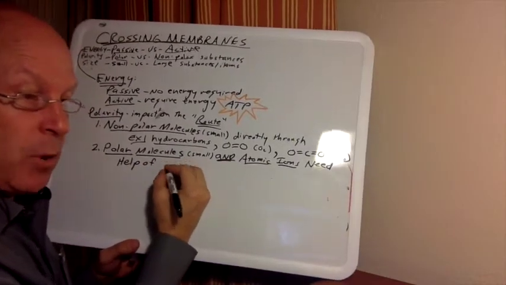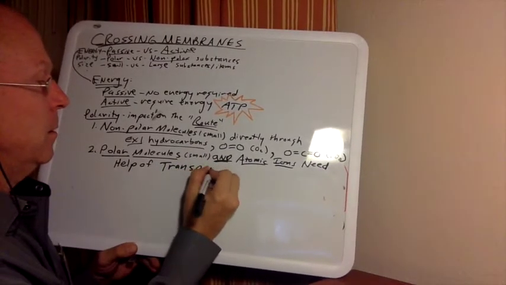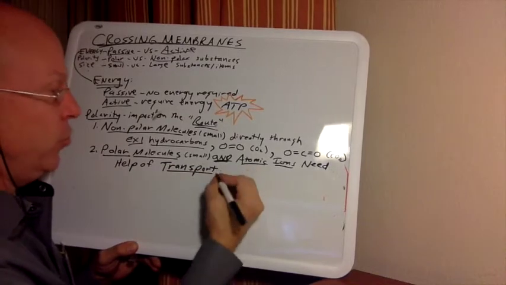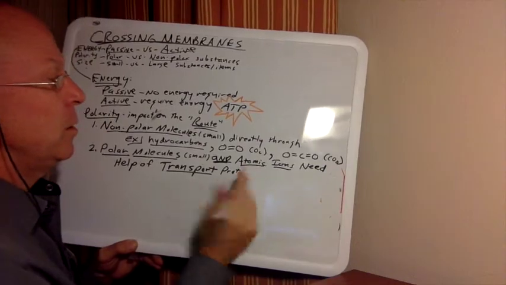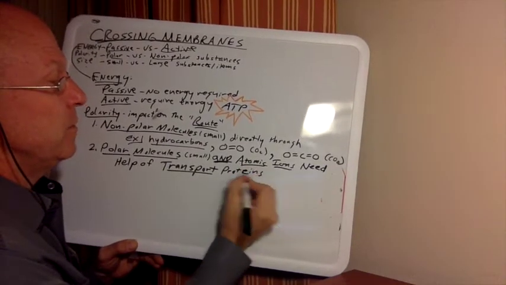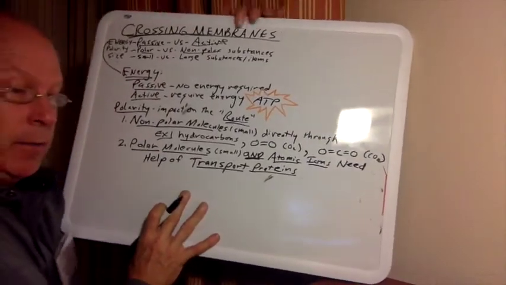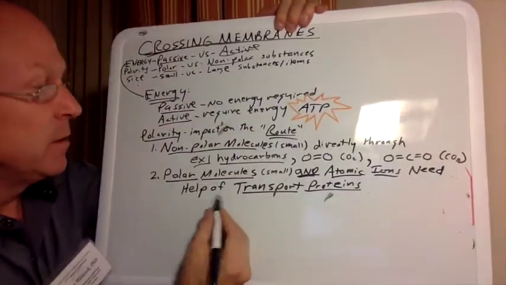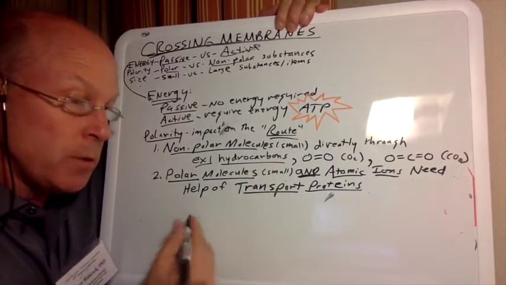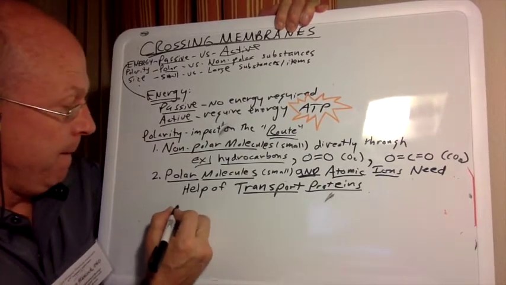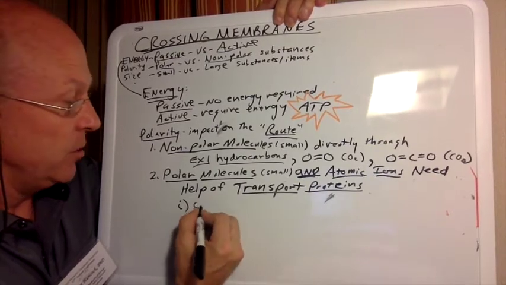And we call these proteins transport proteins, which we've already done, but I'm going to do it again. So this is redundant. We're going back to what I've already told you. So I'm going to have another category in the outline here. They need the help of transport proteins. And the transport proteins in question, the first of these, I'll use a little I in my outline, would be the channel proteins.